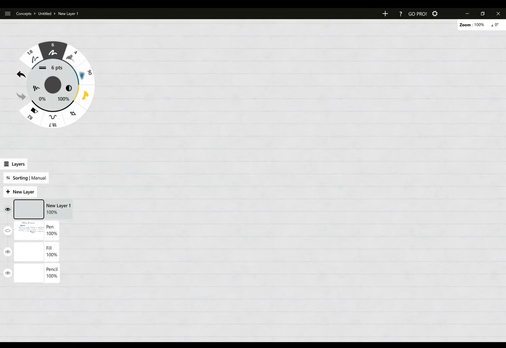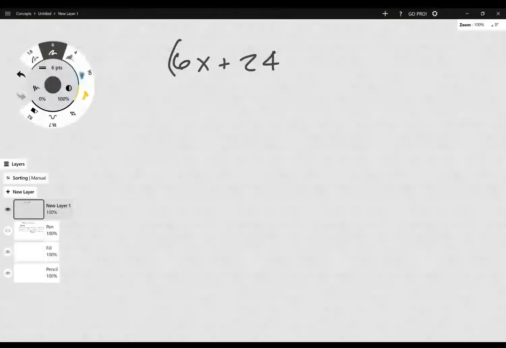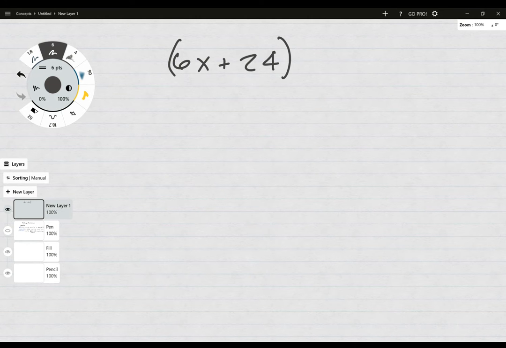All right, so let's say I have the expression 6x plus 24. That's my first expression. I'm just going to close that off so I know that's by itself.